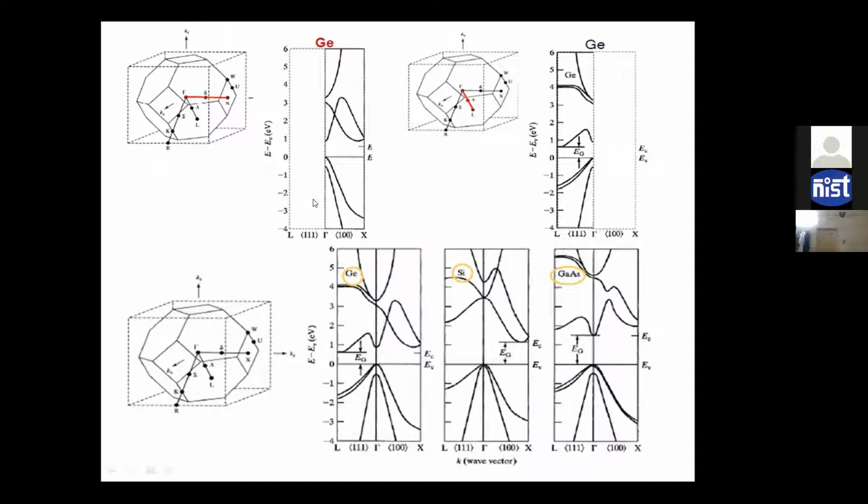For simplicity, when we analyze, we just join them. We take the X value and the L value and combine them, and we see this as the E-K diagram in joint form. Actually, in the E-K diagram, X and L are obtained in different directions.